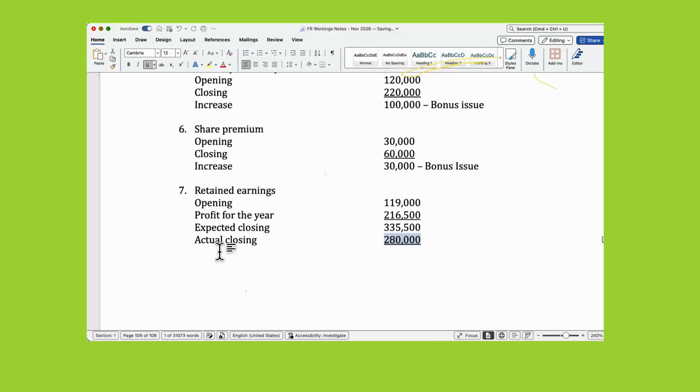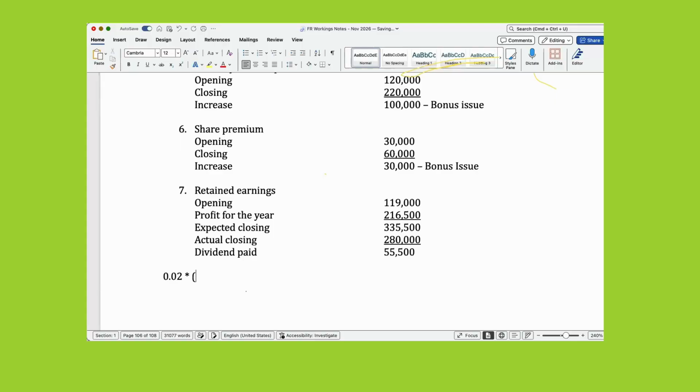So this decrease is relating to what? Dividends paid. And how much is that? 55,500. So this is where the secret will come out now. The dividend was 2 kobo per share, right? Yes, sir, 2 kobo per share.